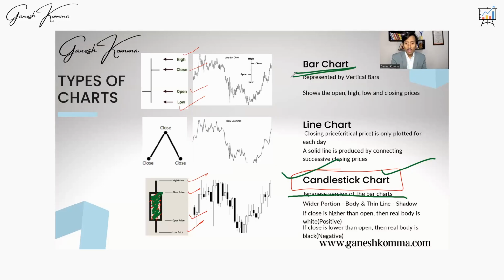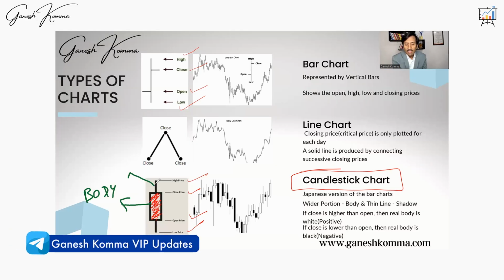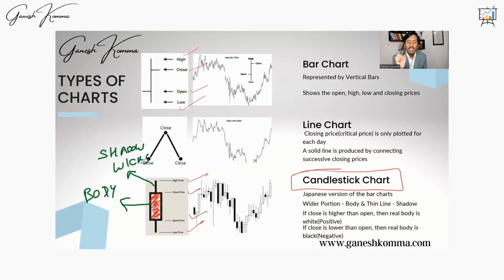And what I wanted every one of you to also know is that in the candlestick chart, this portion is called the body of the candle. And these lines are called shadows, or wicks, W-I-C-K-S. This or even this, both of them are called shadows or wicks.